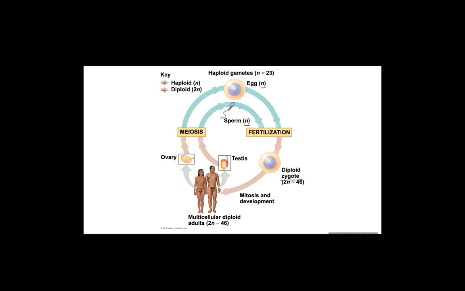Therefore, since only a portion of the sperm cell joins the egg cell, the zygote is still a single cell, but the chromosomes are diploid. The zygote undergoes what? Mitosis. And then becomes a baby, and once it reaches puberty, it continues to undergo mitosis.